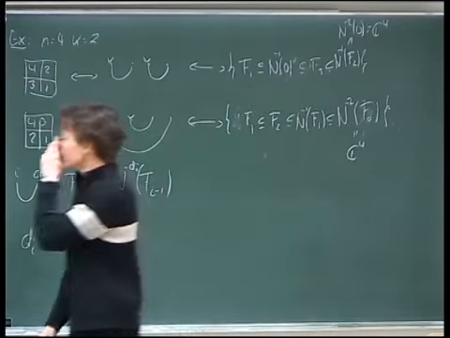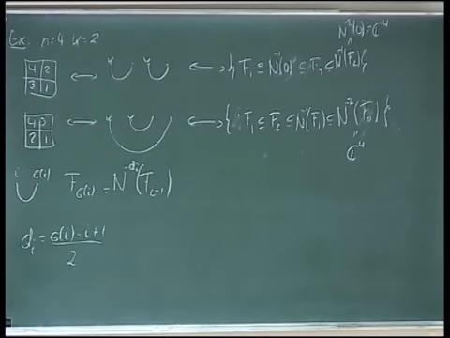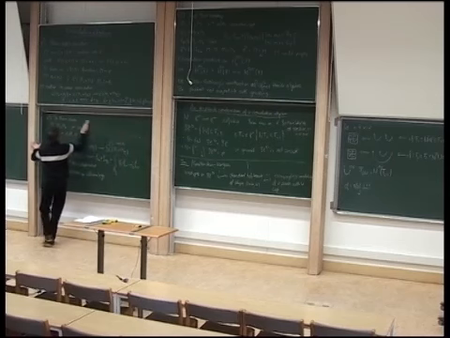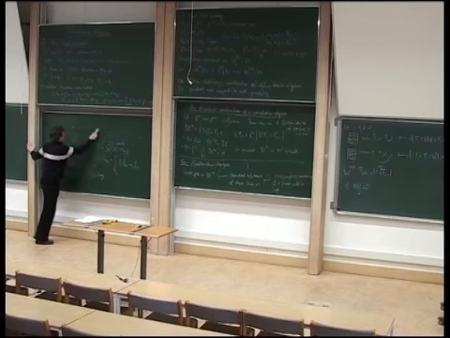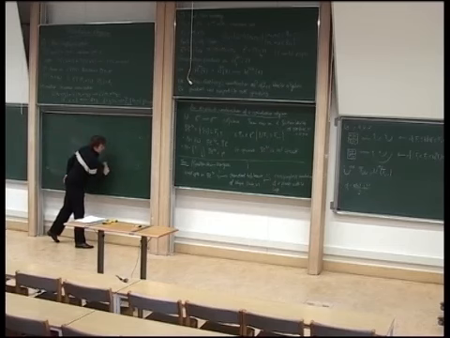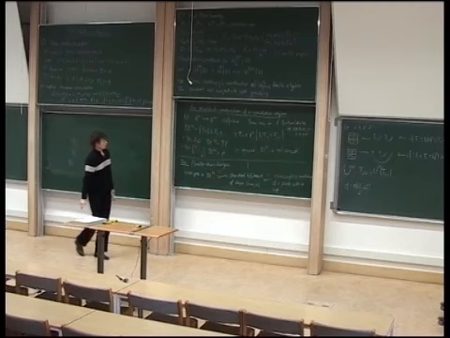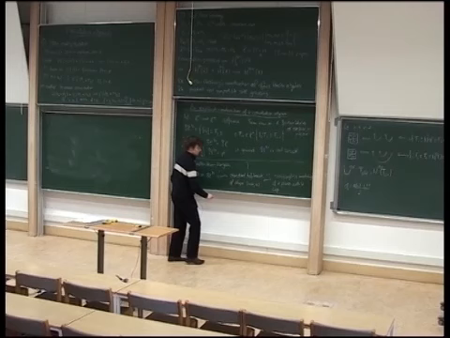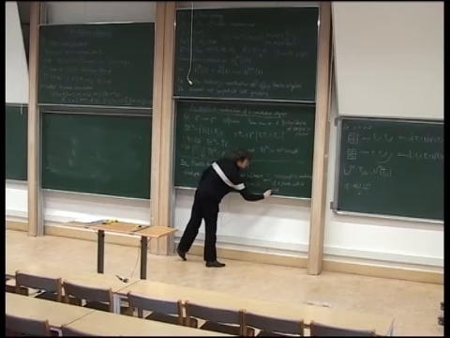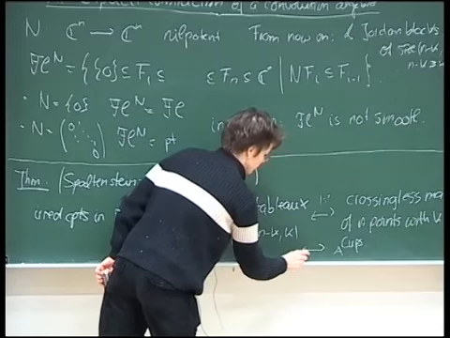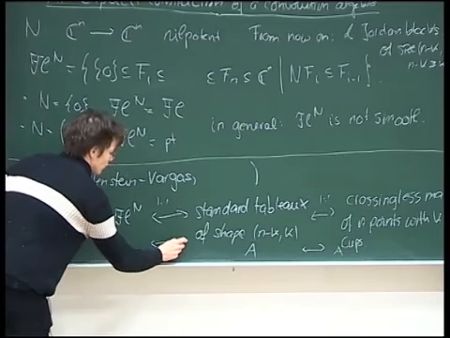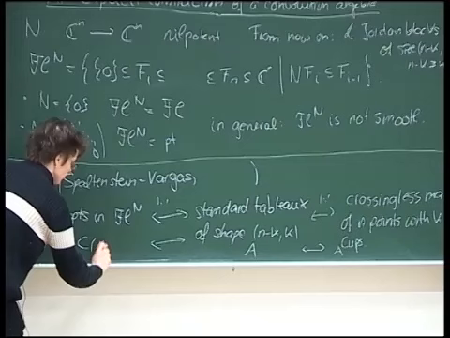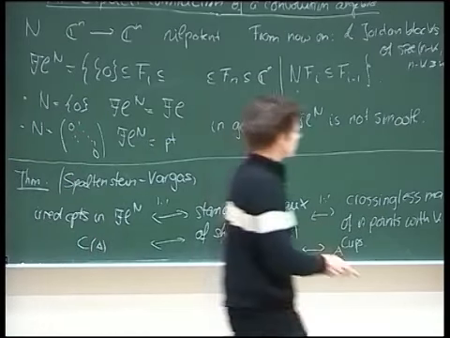Yeah? So let me introduce the notation: I take, say, a crossingless matching A. I denote by the same thing the standard tableau A, and then I have the corresponding component C of A. And one thing is missing, which I should mention.